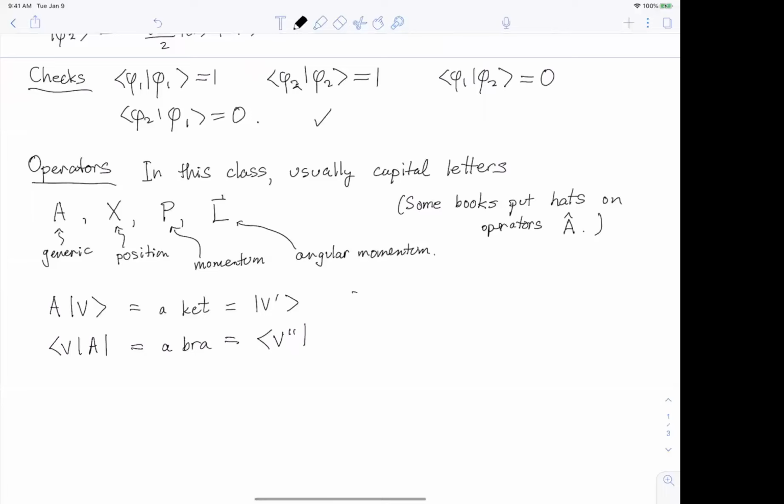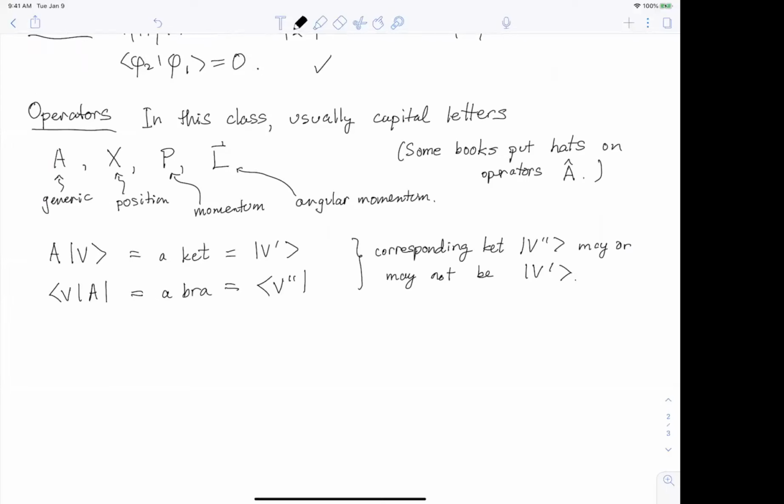And so one thing I want to emphasize at this point is that the corresponding ket for V double prime may or may not be V prime. And in the next lecture, I think, is when we'll actually say under what circumstances it is and what circumstances it is not.